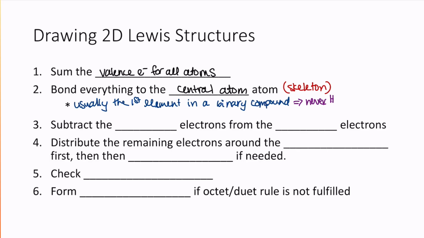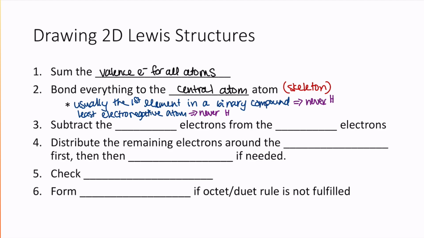Hydrogen can never be the central atom. Another way you can look at it is it is going to be the least electronegative atom. And again, never hydrogen. Hydrogen cannot be a central atom because it can only hold two electrons around it. So it can really only have one bond.